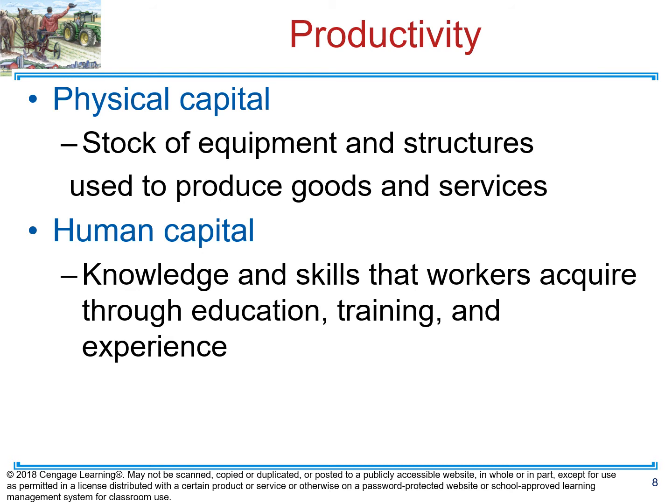Let's look at what physical capital is. This is the stock of equipment and structures used to produce goods and services. Stock of equipment means how many factories they have, how many production lines, what kind of good machines they have. Those tools are what we call the stock of equipment, and the structures.